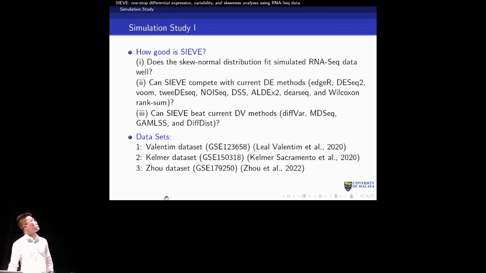Here are the 3 objectives of my study. The first one is to check the model fit and then compare SIEVE to the close competitor methods for both DE and DV methods. 3 real datasets from GEO are used to do the simulation study.